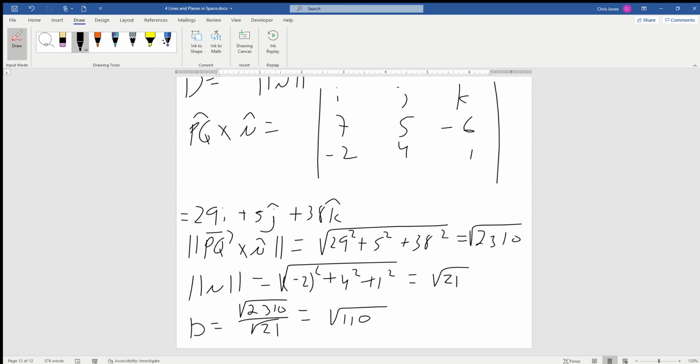We could just leave it like that, unless 110 is divisible by 4, which it's not. So we'll just leave it like that. Sorry, I'm sitting here with my calculator trying to figure out a perfect square. I don't think it's going to work out, but it's pretty cool that it works out fairly nicely for us. So hopefully this gives you a few good examples of how to find the distances between surfaces in space and any given point in space.